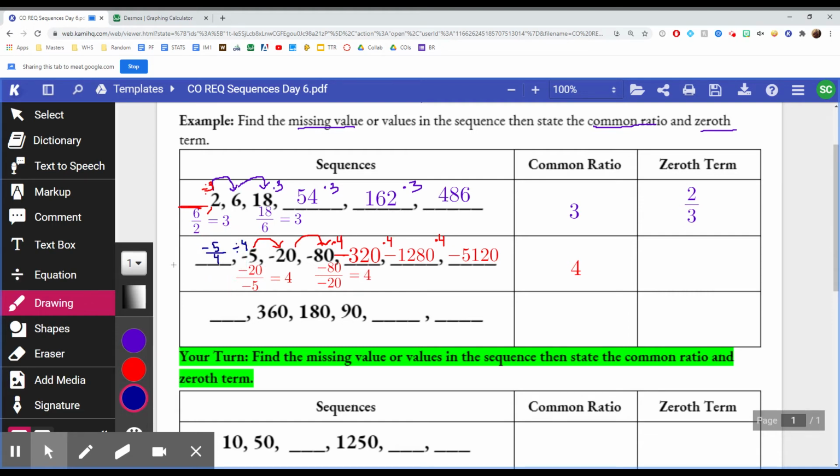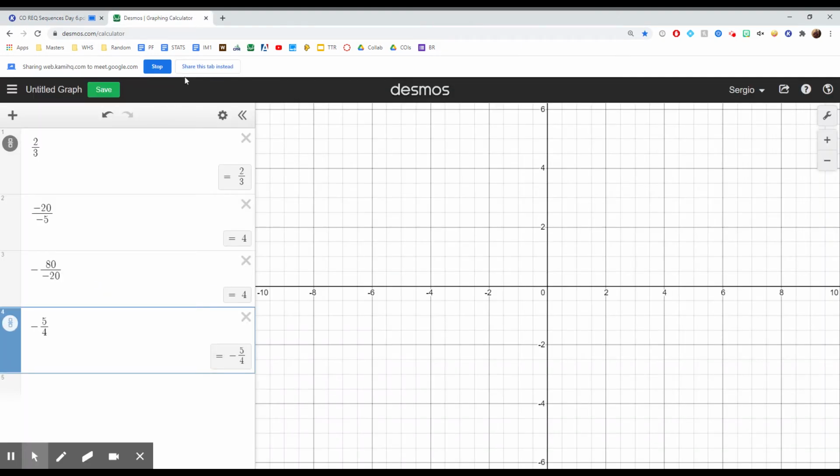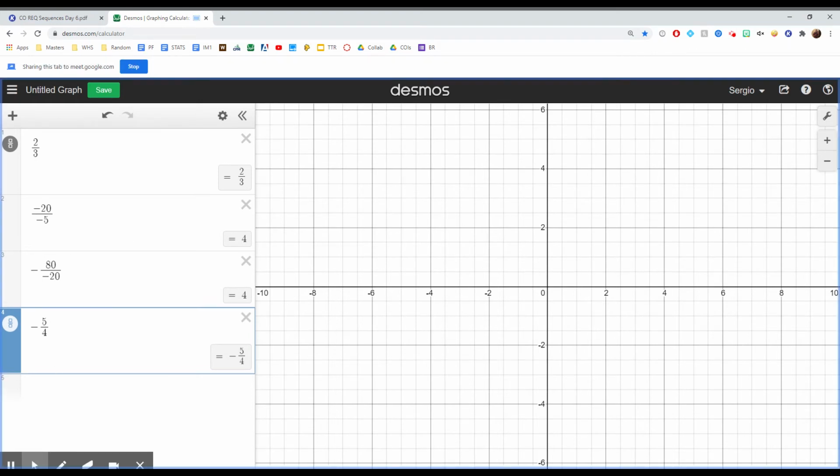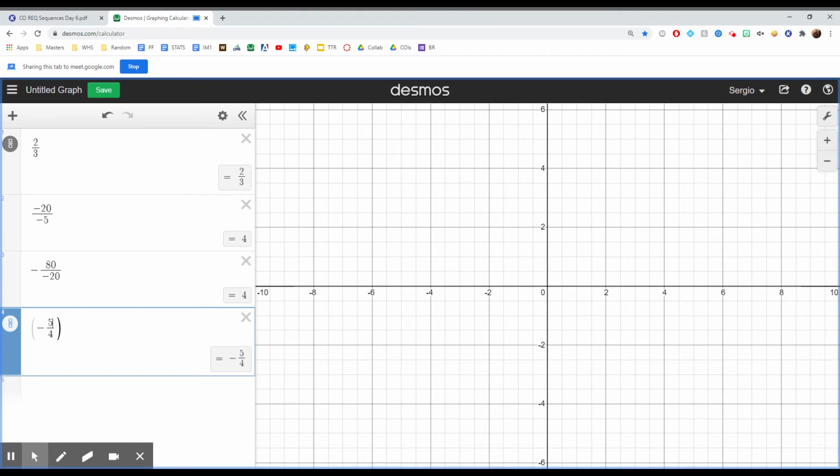And I still need to find my zero term, because that was just the first term. So now I have to do -5/4 divided by 4. So again, I'm going to go here to decimals and put all this in parentheses. I'm going to put divided by 4, and that gives me -5/16.